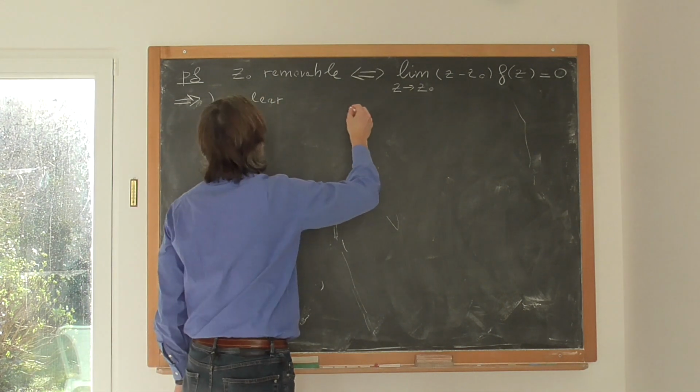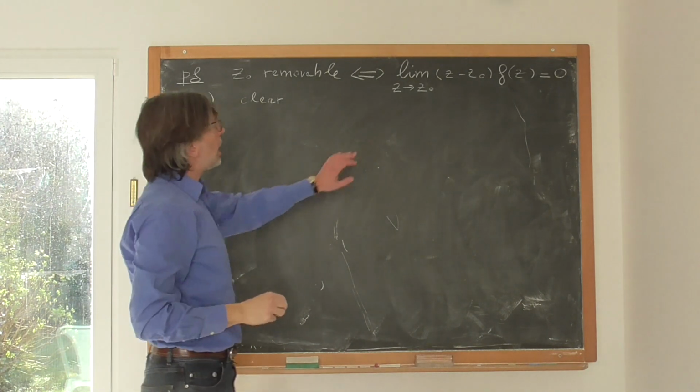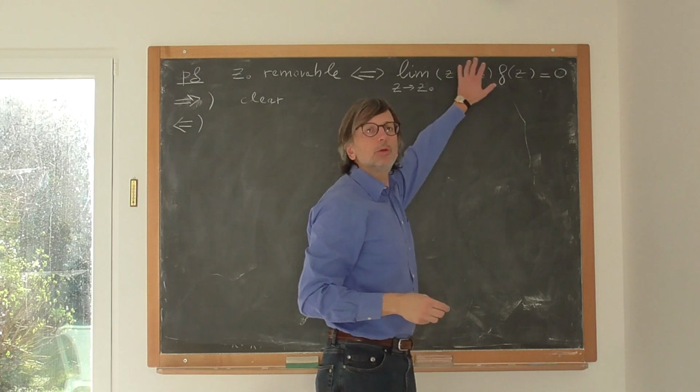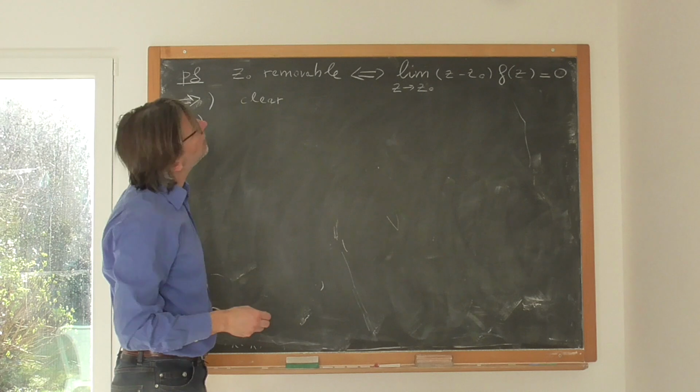What's relevant in this theorem is the other implication. So we assume this condition and we want to show that z0 is a removable singularity.